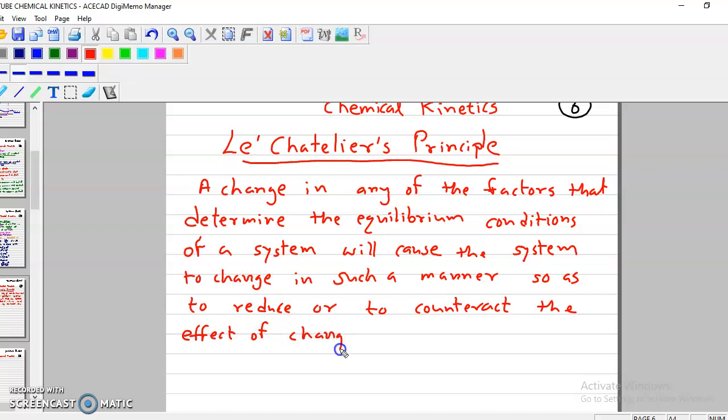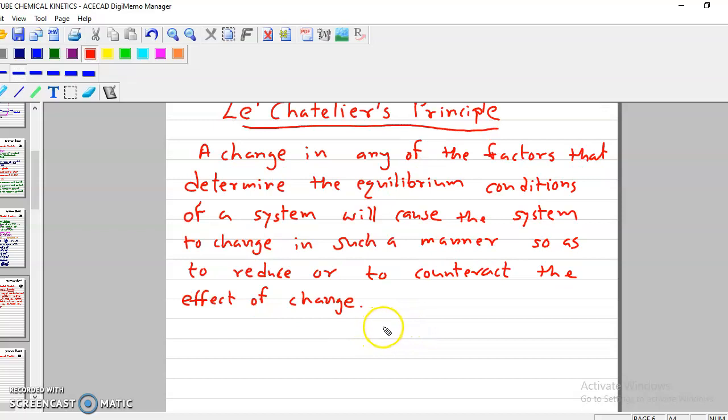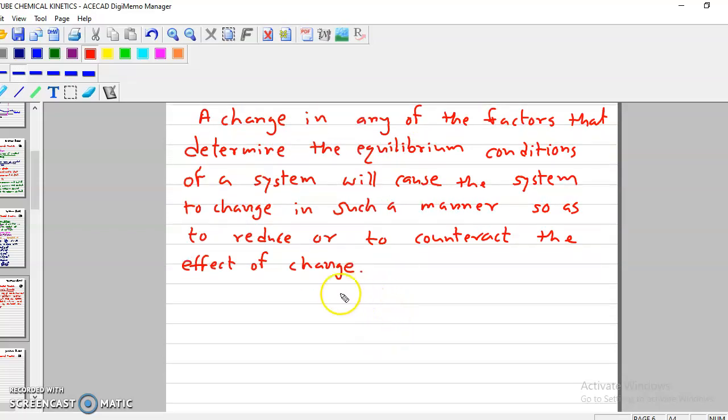Well, this is the theoretical definition. If you want to make it simpler, it's very easy. In fact, it's a very simple thing. Like at equilibrium, you know that the rates of forward and reverse reactions are equal, concentrations are constant, temperature is constant, pressure is constant.